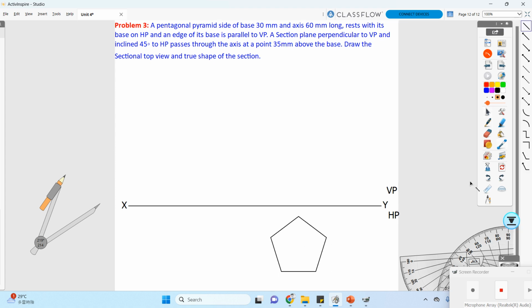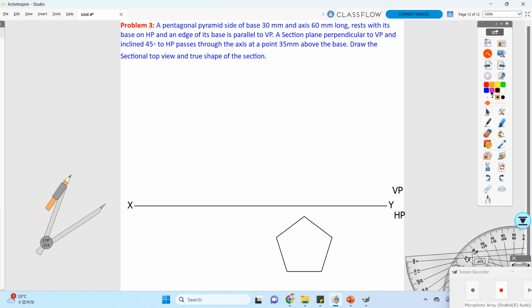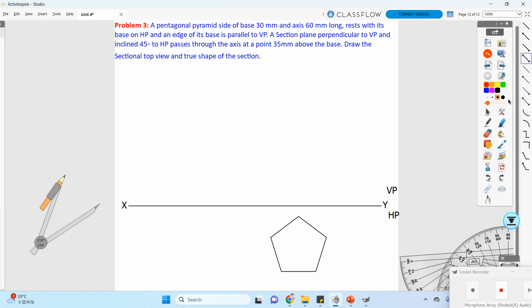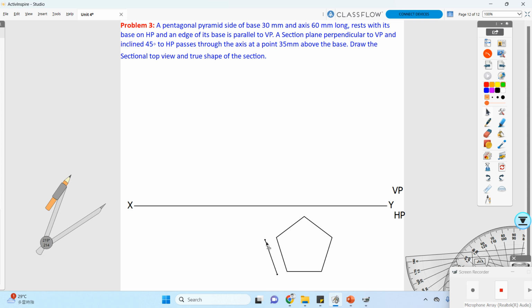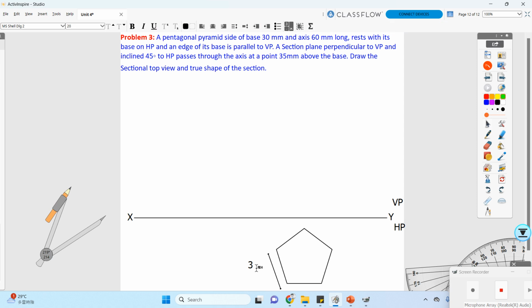I am going to mark my dimension of this pentagon from this point to this point as the base of 30 mm over here.